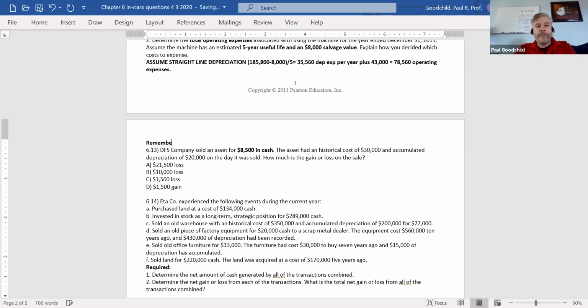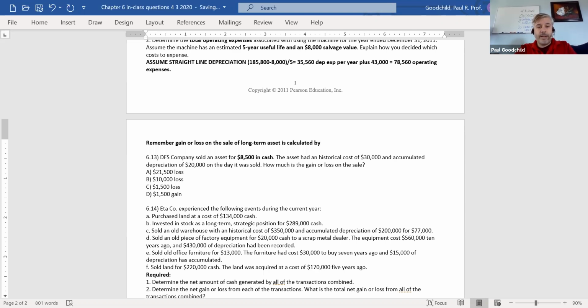So remember, gain or loss on the sale of long-term assets is calculated by your cash or proceeds less the book value.